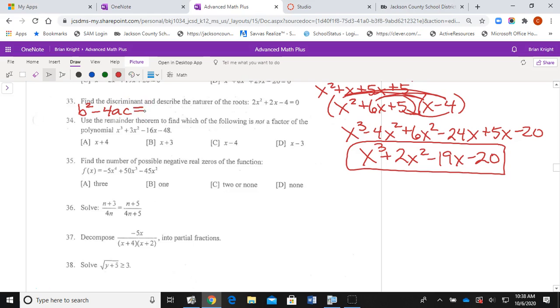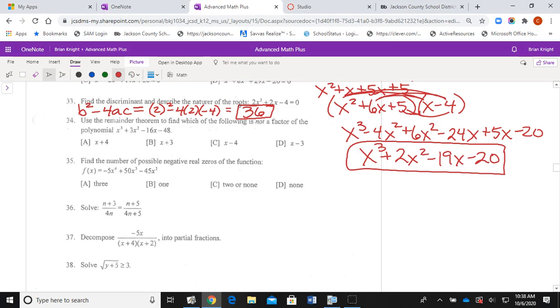Okay? So I plug in. What is B in this problem? 2. A is also 2. So 2 squared minus 4 times 2. And C is -4. You plug all that in and you get 36. That is your discriminant.